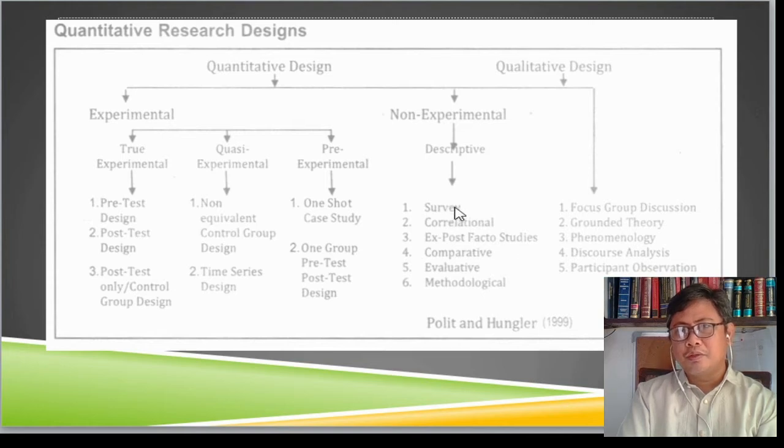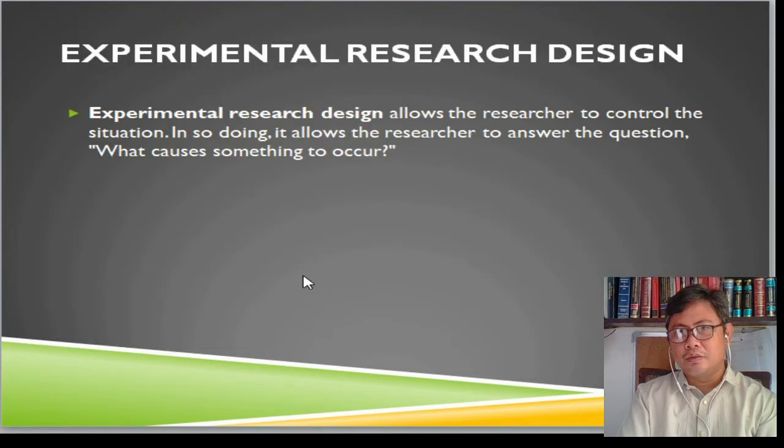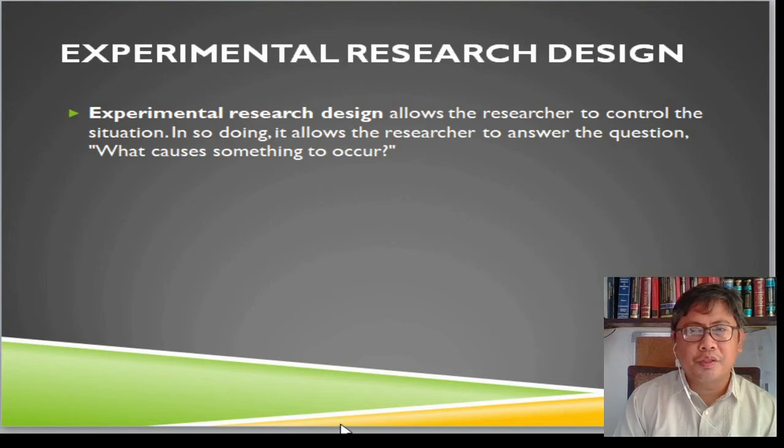Here you will be using what we call descriptive research design, in which we will be employing survey, correlational studies, ex post facto, comparative studies, evaluative, and methodological studies. So these are the different kinds of descriptive research. So let's proceed with the first kind of quantitative research. Let's proceed to experimental research design.